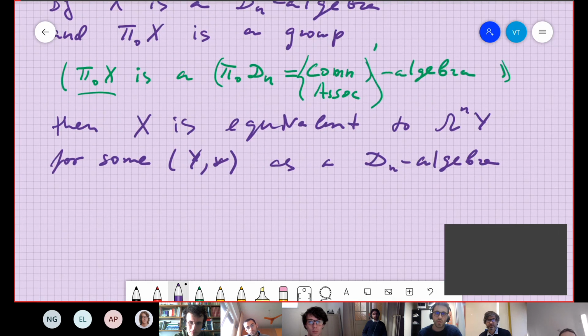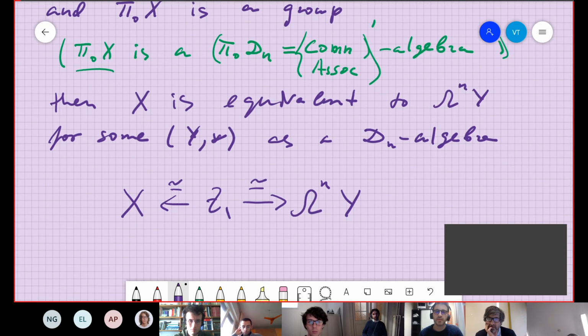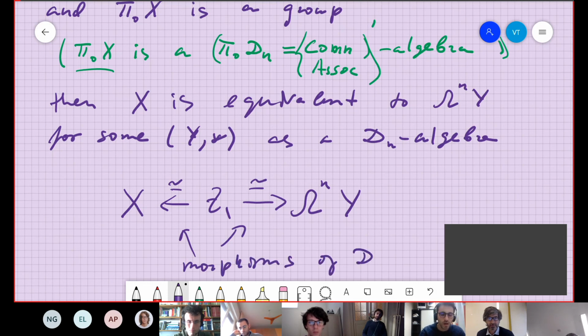This means that there exists some zigzag of Dn algebras with some object in the middle, and then we have omega n y. So this is an equivalence, but also morphisms of Dn algebras. So not only is it equivalent as a space, but also as a Dn algebra.